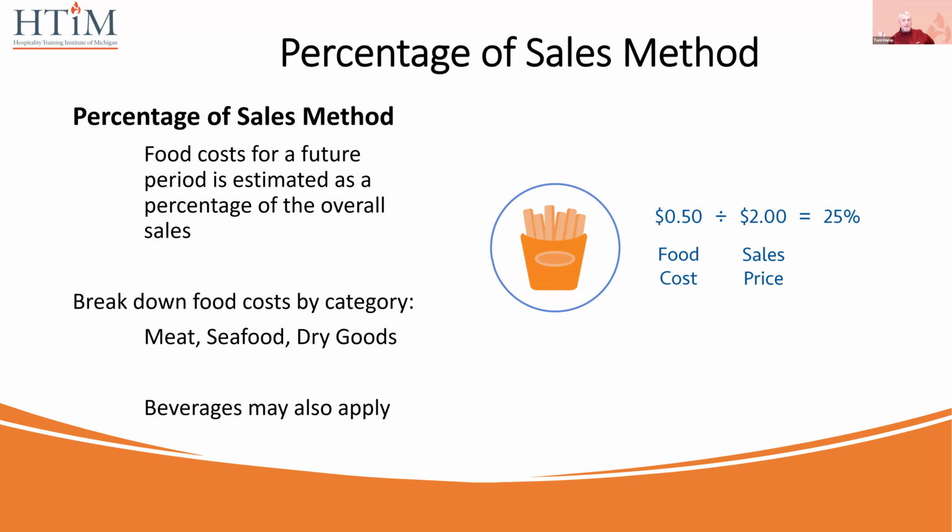So we understand that we've priced it at a 25% profit margin. That could be very good for that particular food item or category. We have to do this for every single menu item as well as all of our beverages, and beverages would probably move at a different rate as well.